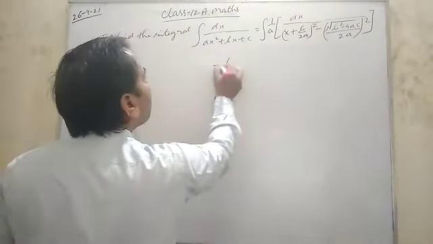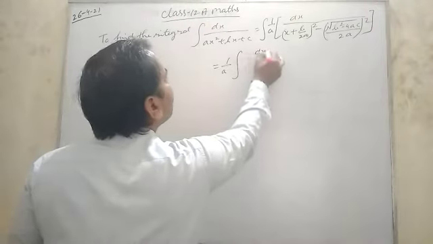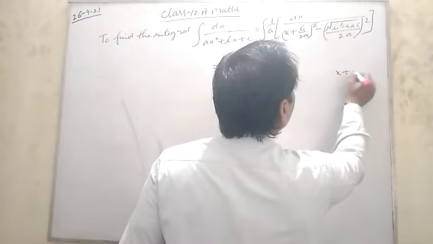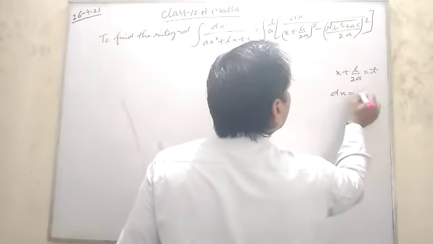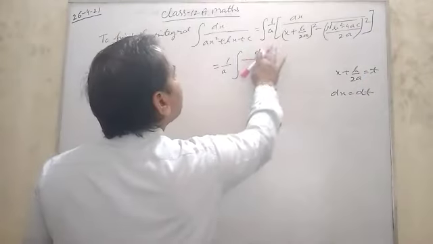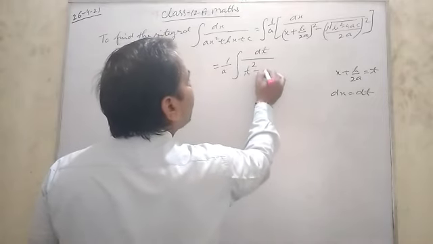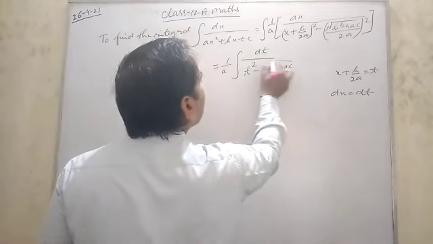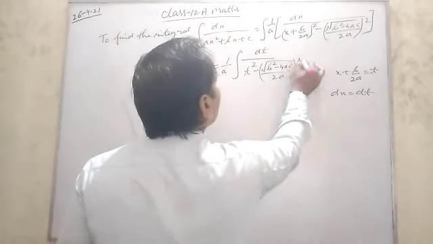So 1 upon a constant, that will be outside. Then dx upon. So now suppose x plus b upon 2a is equal to t. So dx is equal to dt. Means in place of dx, dt upon t square minus b square minus 4ac upon 2a whole square.